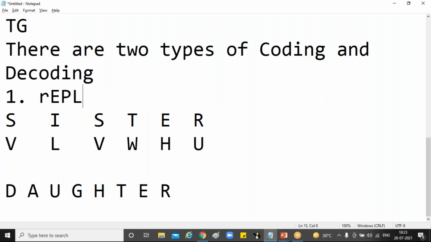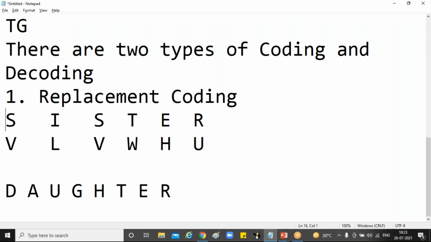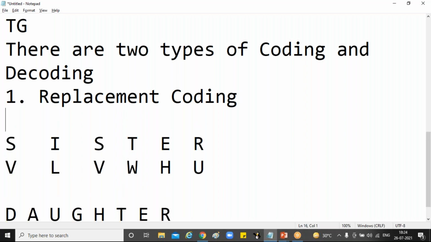So whenever you go for replacement coding, it means each letter is replaced with another. S is replaced with V, I with L, S with V, T with W, E with H, R with U. For every letter, plus 3 is the logic.